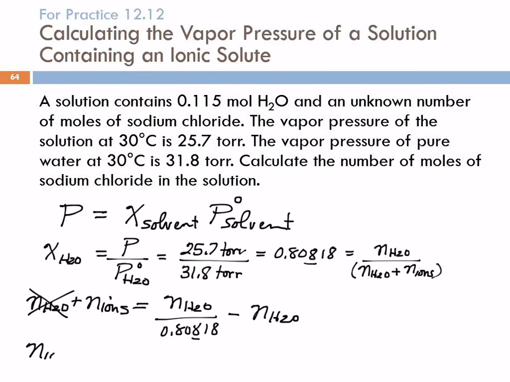So the moles of ions is 0.115 moles of water divided by 0.80818 minus 0.115.